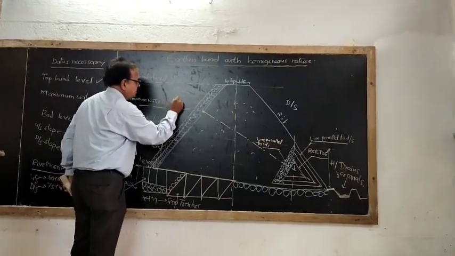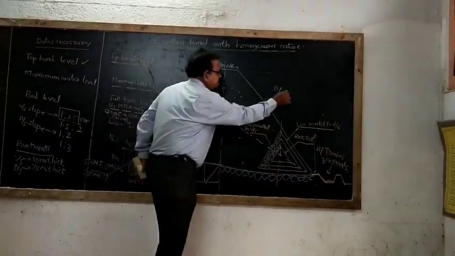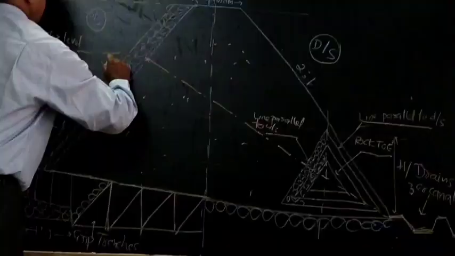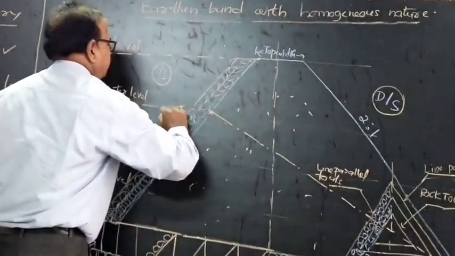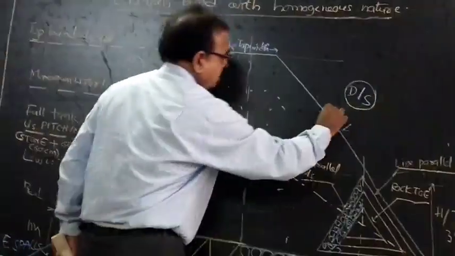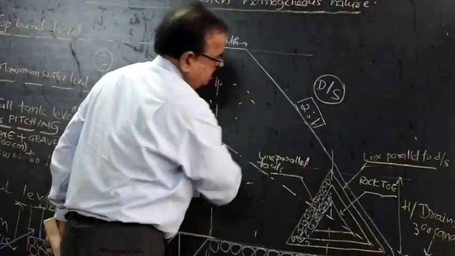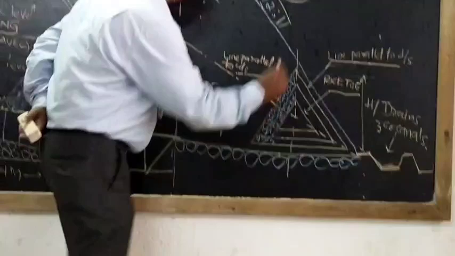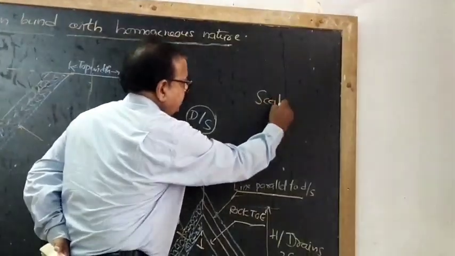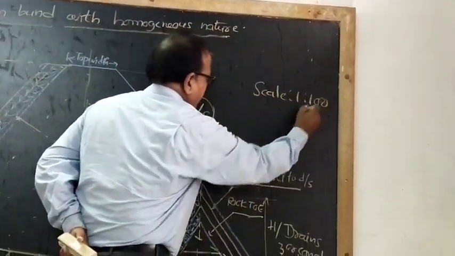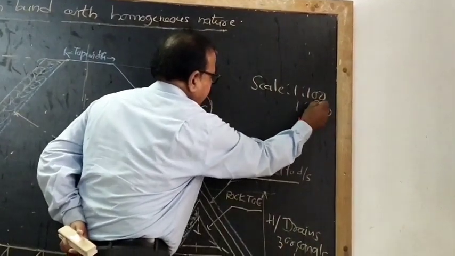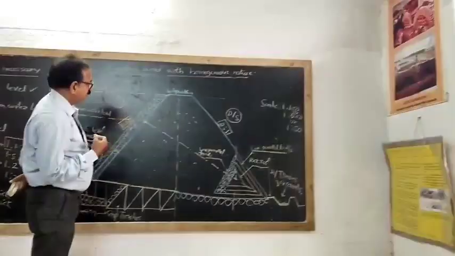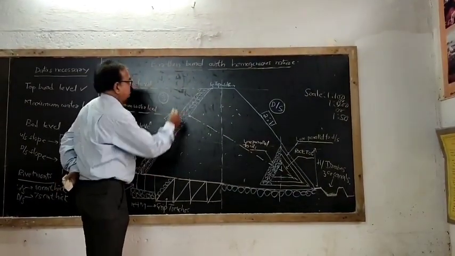Upstream side should be written properly, downstream side should be written properly, and slopes should be indicated properly and named. Then most important here is scale. Scale should be mentioned, whether it is 1:100, 1:200, or 1:50. And the name of the drawing is cross section.